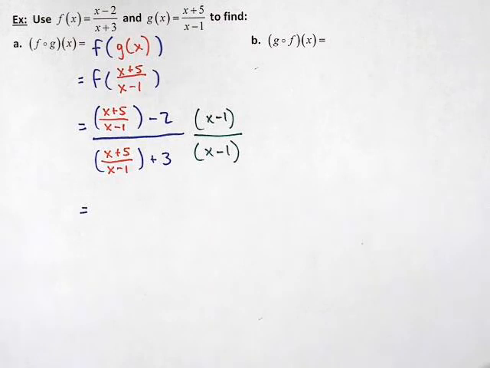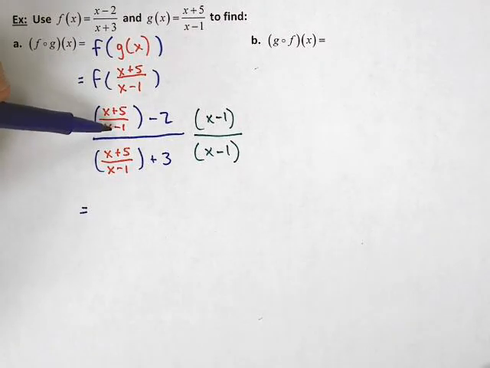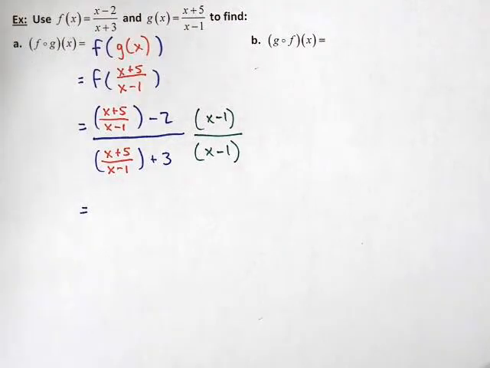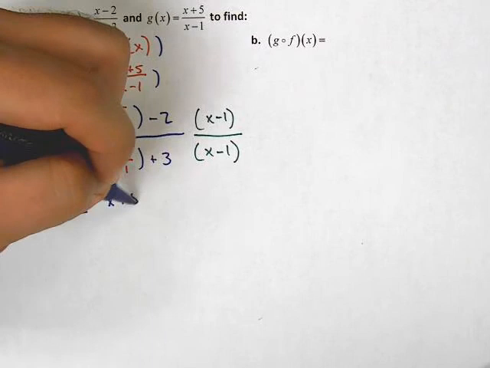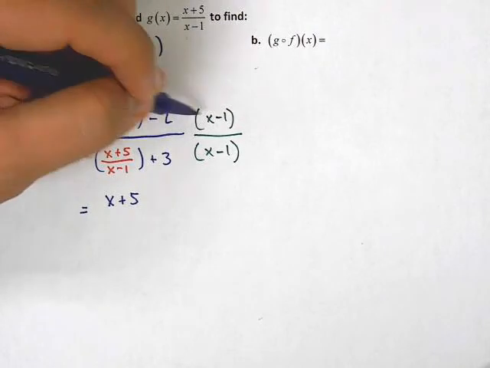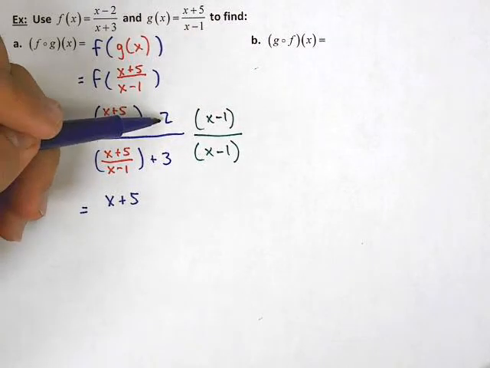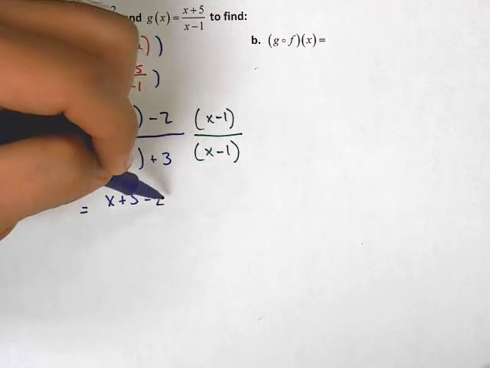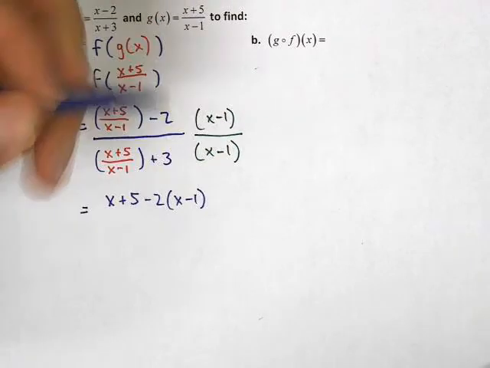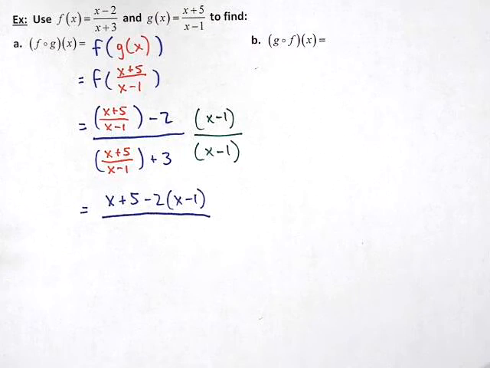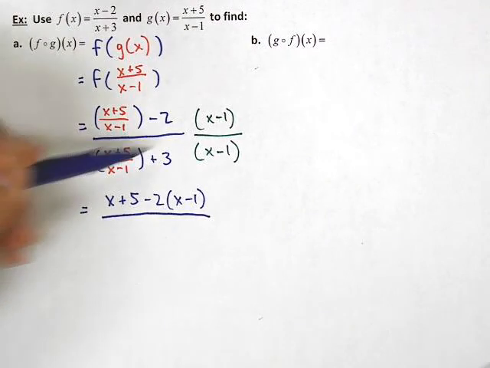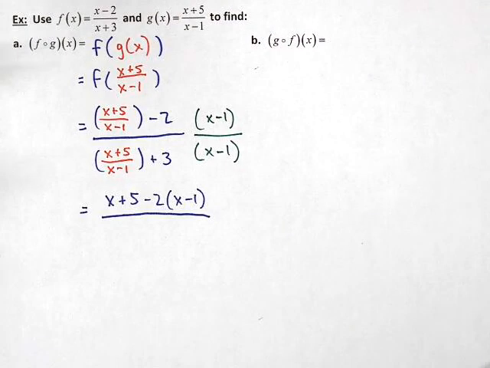This is good. We put our equal sign and we start distributing, okay? Well, x plus 5 over x minus 1 means what? These will cancel and I'll just be left with x plus 5. Then I have to distribute this as well. So negative 2 times x minus 1. And now this is all over, once again, the x minus 1's will cancel.